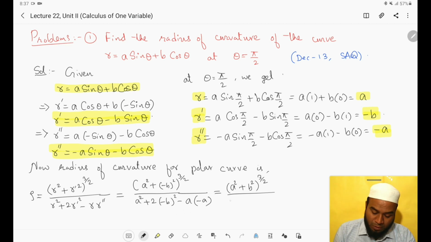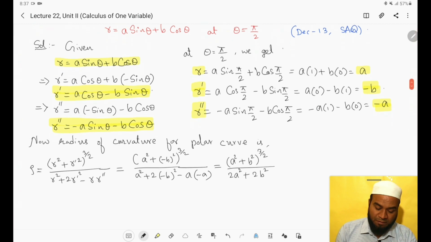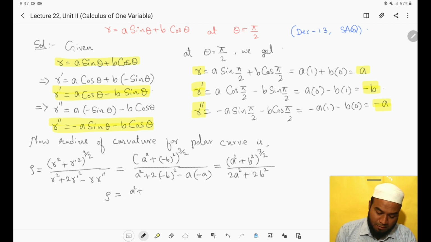So what we'll get? 2a square plus 2 into minus b whole square is nothing but b square. So a little bit of simplification we can do here. Rho equals a square plus b square whole power 3 by 2, divided by 2 can be taken out. What will remain? a square plus b square.